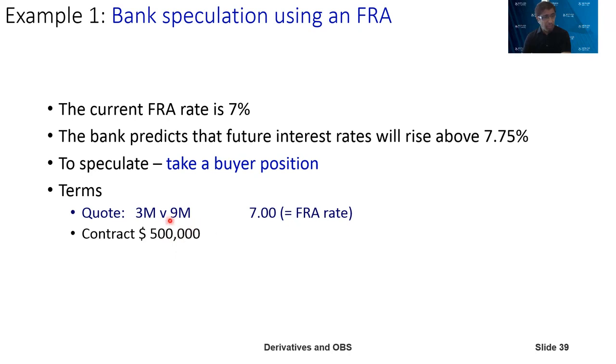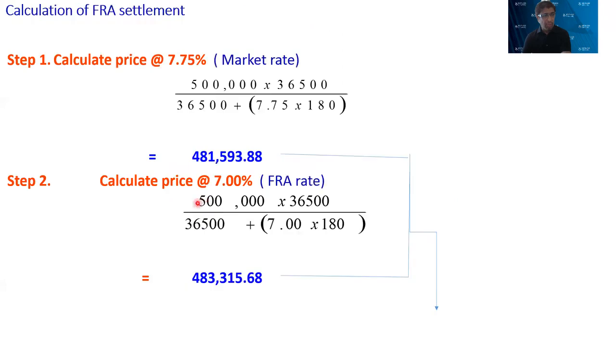So you discount it according to the new rate, and it equals 481,593. They use this formula to count daily.